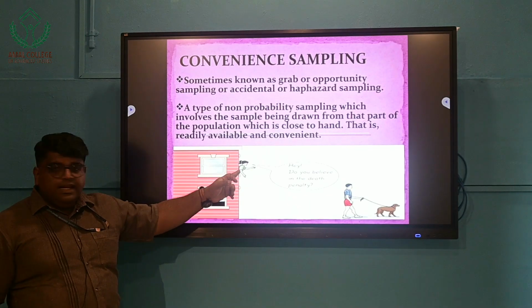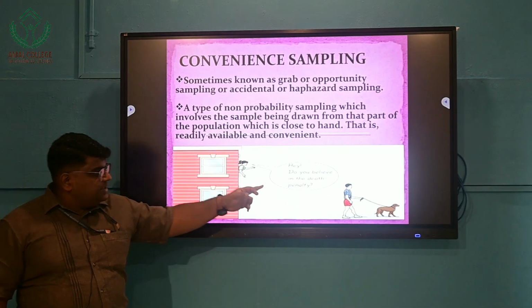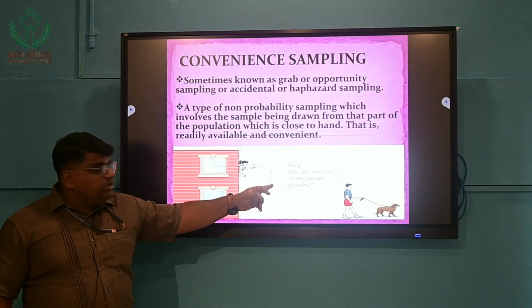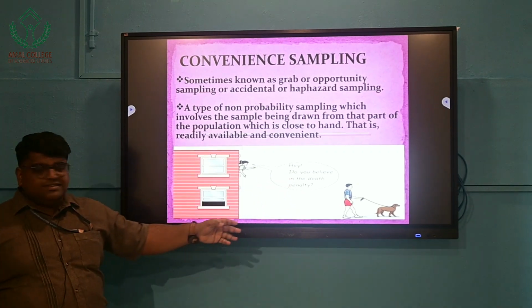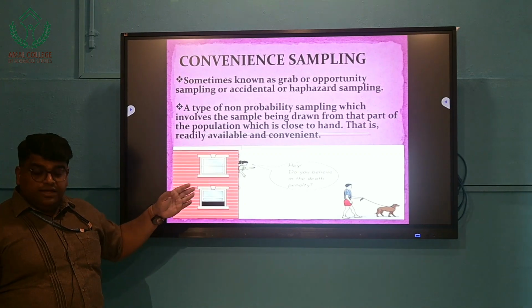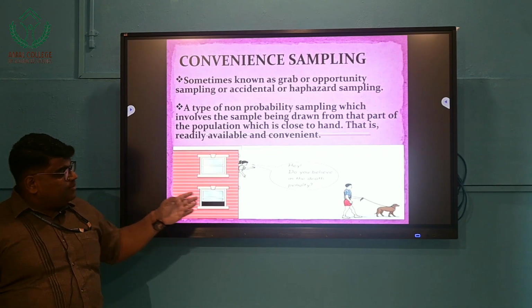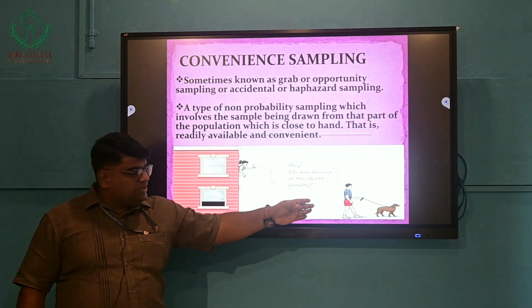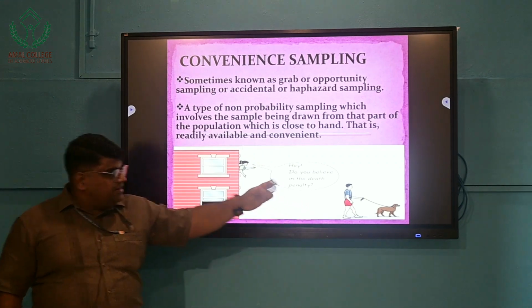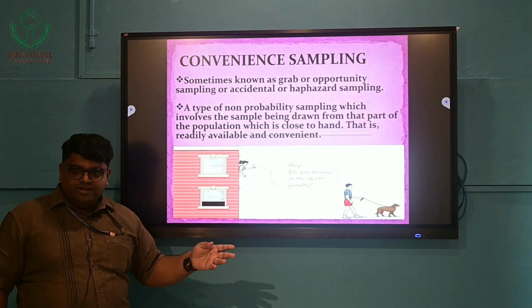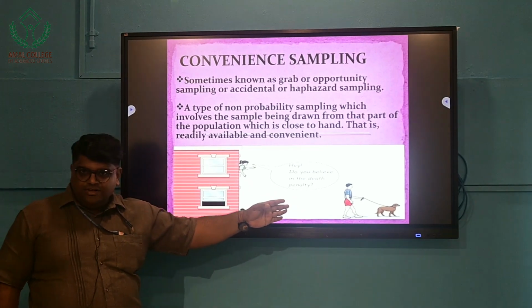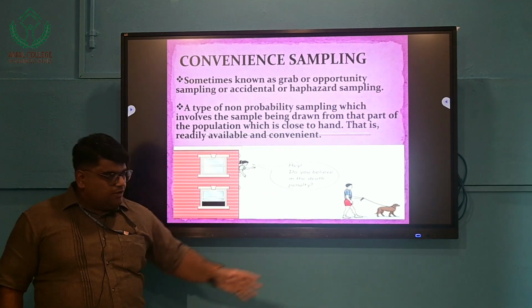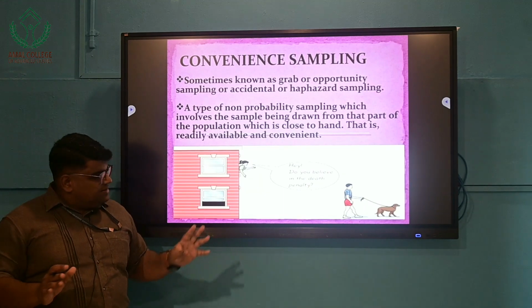This girl is asking this boy, hey, do you believe in the death penalty? The funny thing is that the girl is in her home, and the boy is having a morning walk with his pet, and the girl is asking the question without considering the background of that boy, the location, nothing.